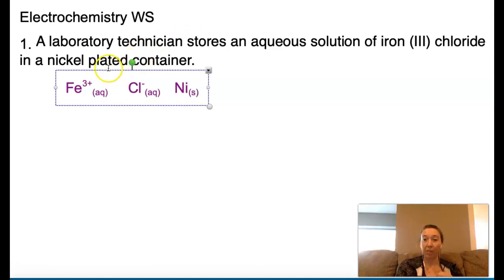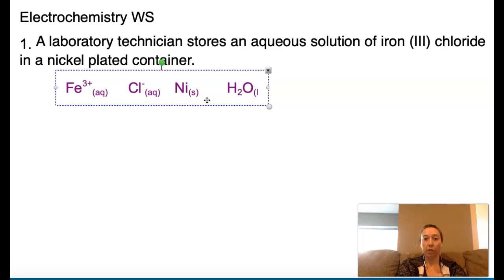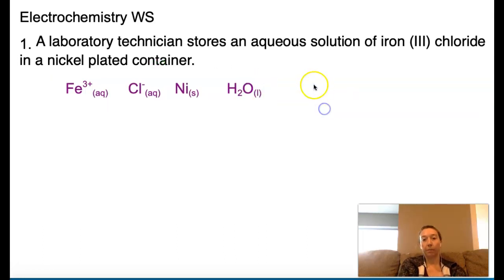When we're told something is plated with something, that just means we have that as an element. The other thing we have, although the question doesn't explicitly say it, is water. And the reason we have water is it says it's an aqueous solution, which means we have water. Okay, really important to list water. You're going to find that in the first part of redox, it's often not going to be our SOA or SRA, but when we get into the second half of redox, it's often going to be the SOA or SRA.